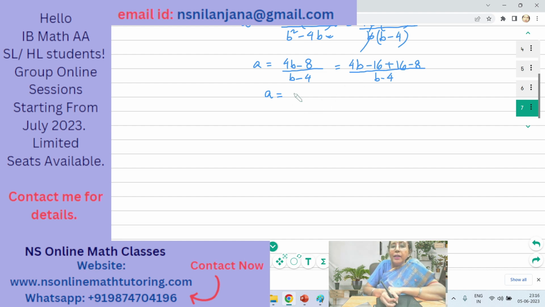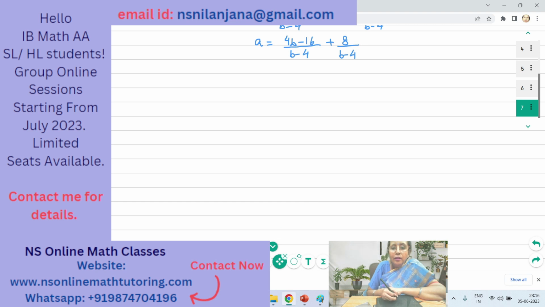So now I write 4b minus 16 over b minus 4 plus 16 minus 8 is 8, 8 over b minus 4. So since 8 over b minus 4 is written in front, or I can just write it in the next step. So A is equal to, I'm writing 8 over b minus 4 in front because they have given this term in front.